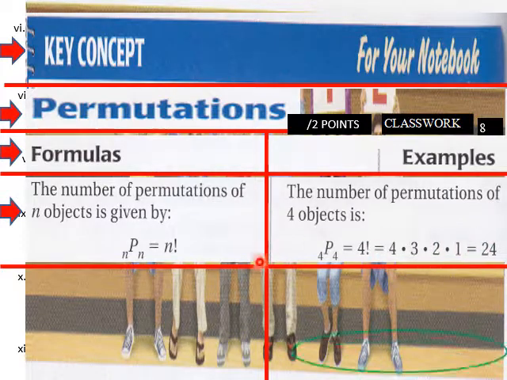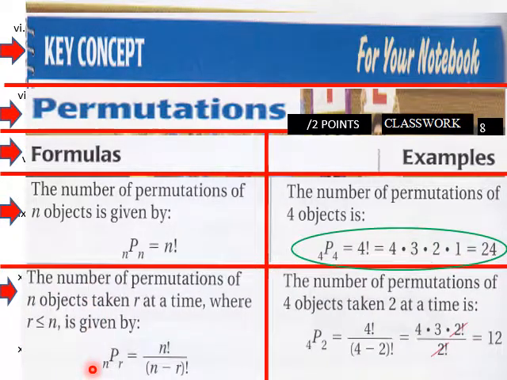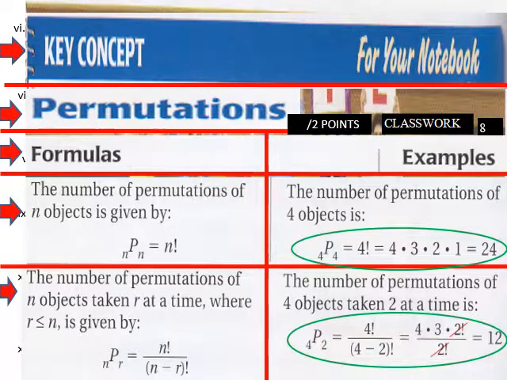And then the number of permutations of n objects taken r at a time, where r is less than n, is given by nPr, which equals n factorial over n minus r factorial. An example: the number of permutations of 4 objects taken 2 at a time is 4P2, which is 4 factorial over 4 minus 2 factorial. These cancel out, and you have 4 times 3, which equals 12.